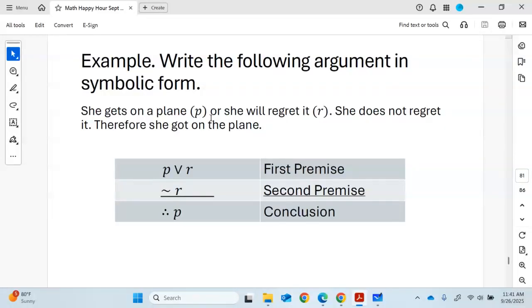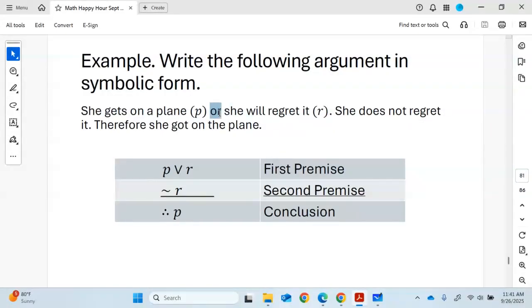I've noticed on the homework, not always does it say to use a specific letter to represent. But there's a parenthesis in there, which indicates the P for plane, meaning the whole first sentence is going to be represented with the letter P. And similarly, she will regret it is going to be represented with the letter R.